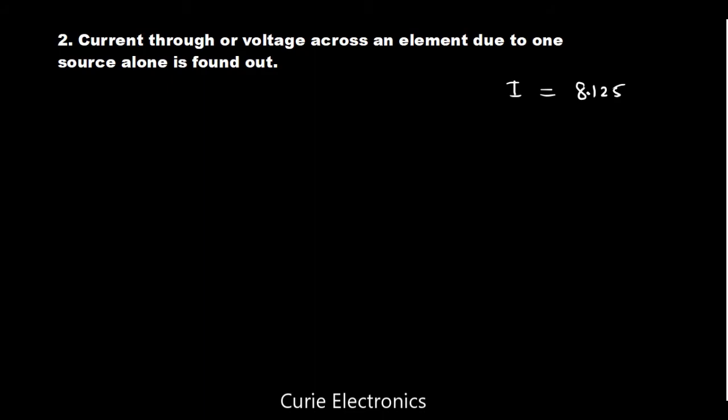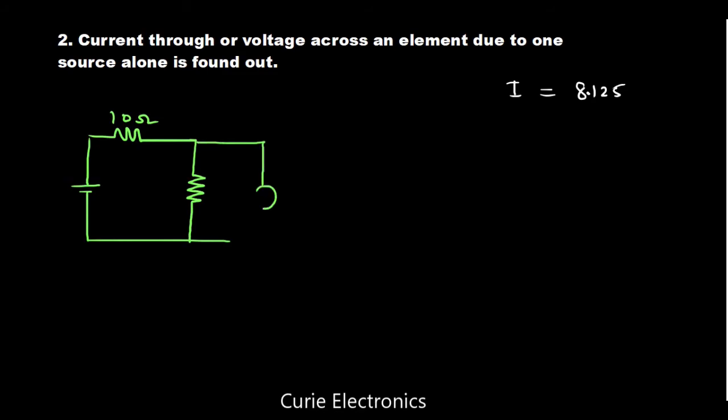Let's cross check quickly with nodal analysis. We have the 10 ohm resistor, the current source of 10 amps, the 30 volt source, and the 6 ohm resistor.